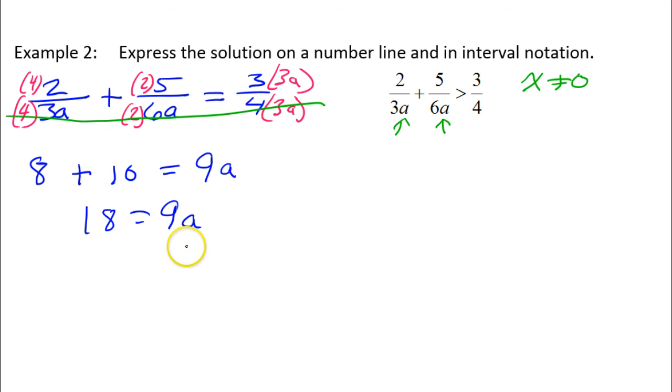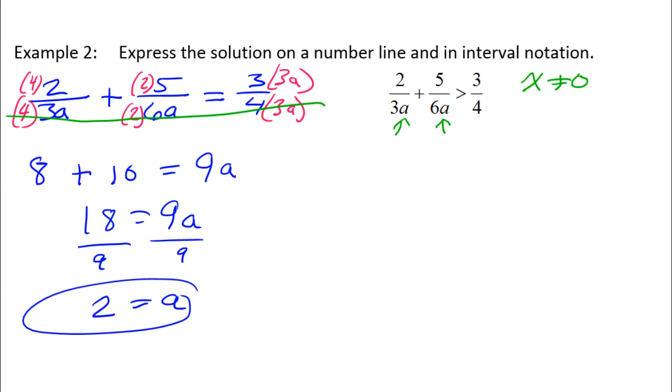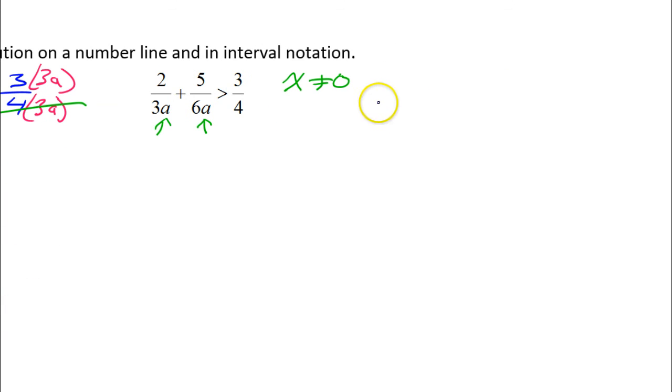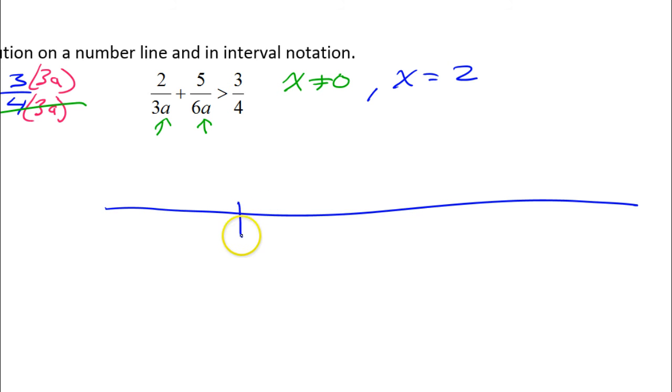I'm just going to divide both sides by 9. That gives me 2 is equal to a, or a is equal to 2. So that's the other thing that's going to go on my number line. I'm going to have 0 and 2. So here I have 0, and here I have 2.